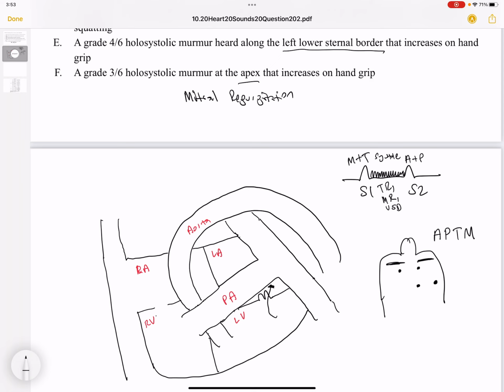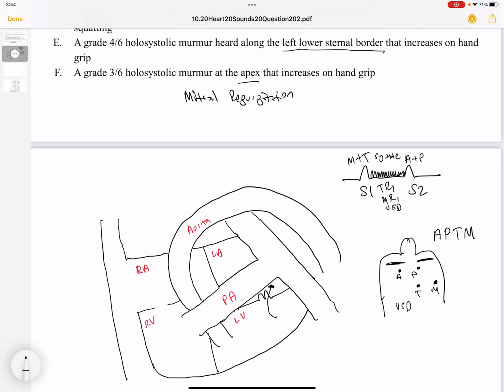So along the left lower sternal border is going to be the tricuspid valve, as well as the place where we best hear the ventricular septal defect. So around that region is going to be a good spot to auscultate tricuspid regurgitation as well as ventricular septal defect.